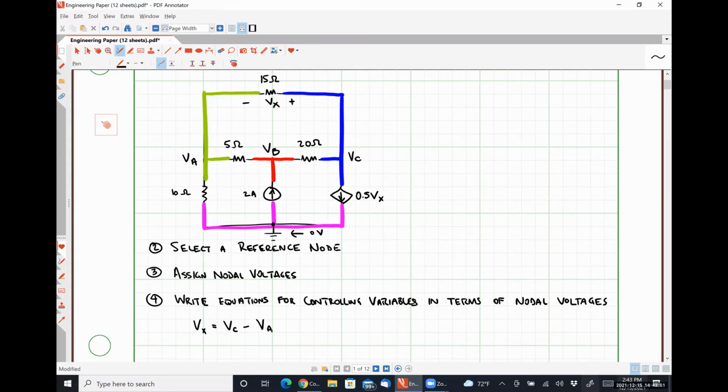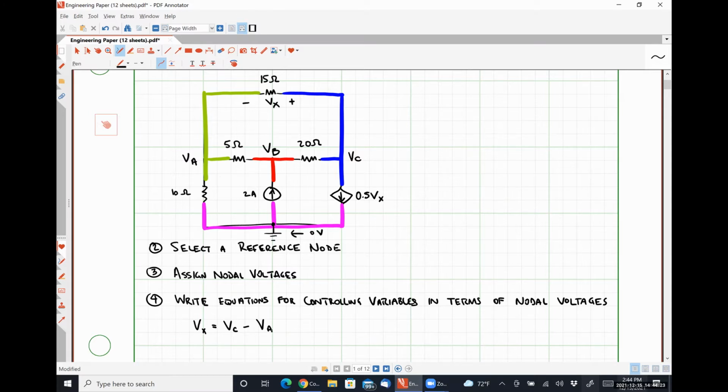Some of you may be thinking, am I supposed to divide that by 15 ohms? The answer is no. Vc is a voltage, Va is a voltage, Vx is a voltage. If I divided the quantity Vc minus Va by 15 ohms, that would give me the current flowing from node C to node A through that 15 ohm resistor, which is not what I'm interested in.